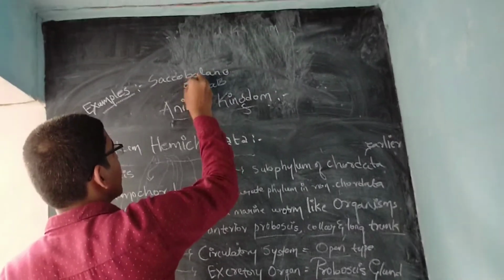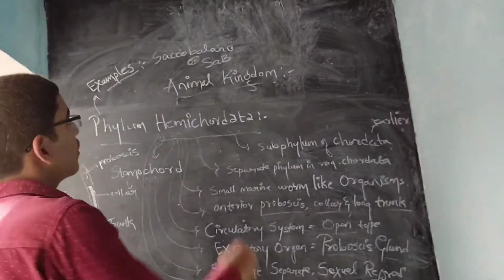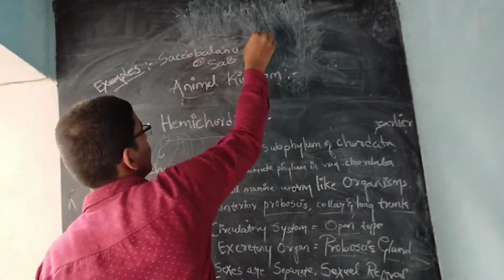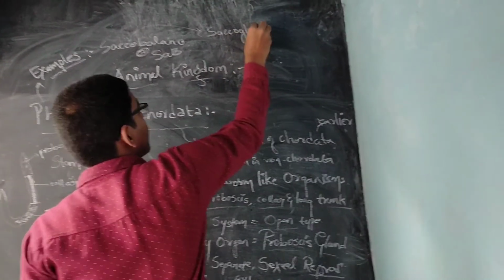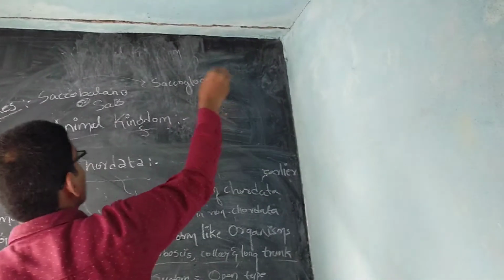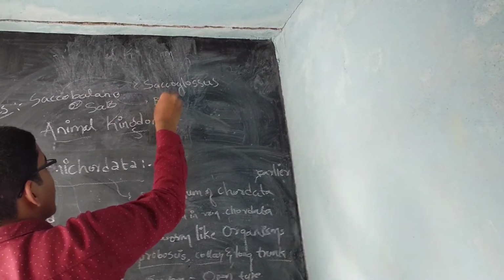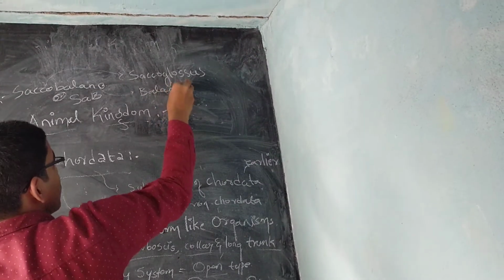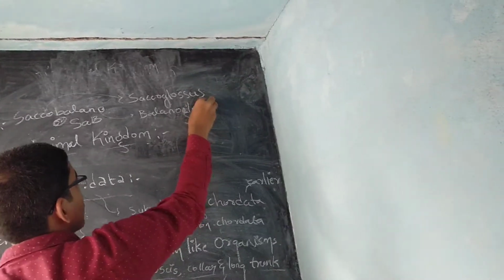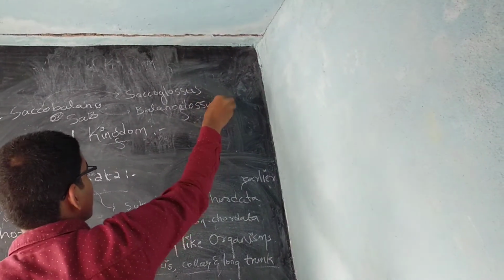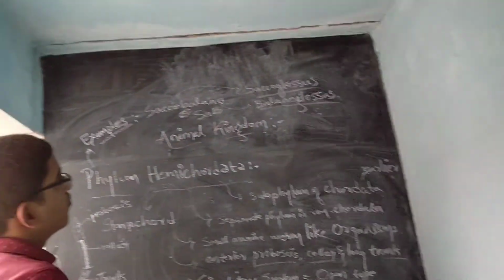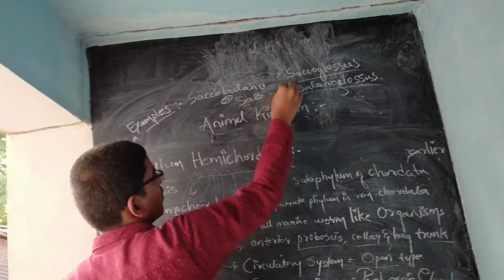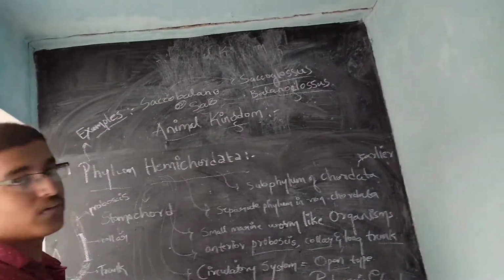Saccobalano is easily understood: Sacco is Saccoglossus, and Balano is Balanoglossus. These are scientific names, so underline them. SA is Saccoglossus, B is Balanoglossus.